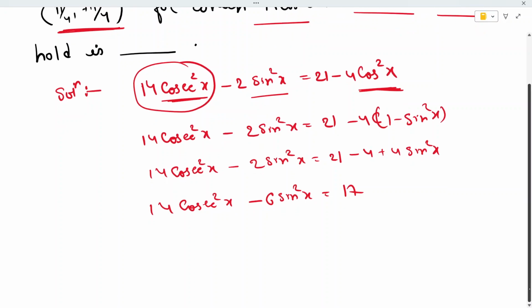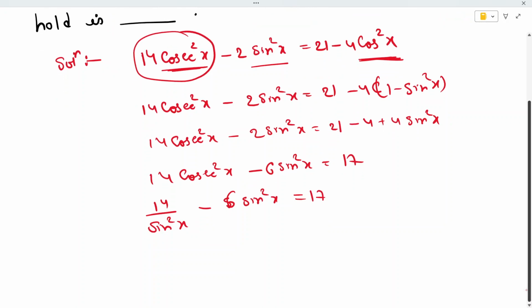Okay, now how can we approach? This is just calculation, you have to do the calculation here. Now, the basic calculation you need to have: 14 upon sin square x minus 6 sin square x is equal to 17. Let's assume that sin square x is equal to t.